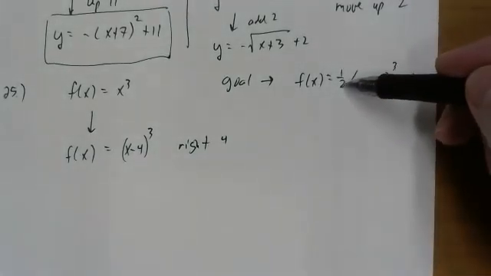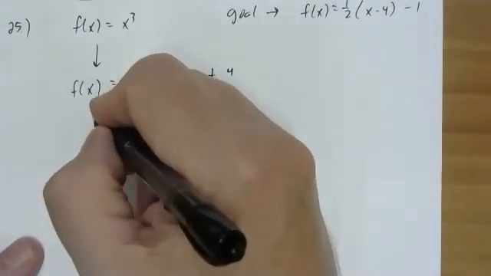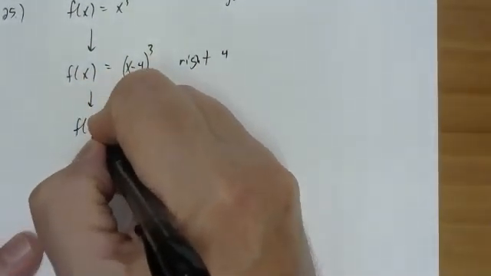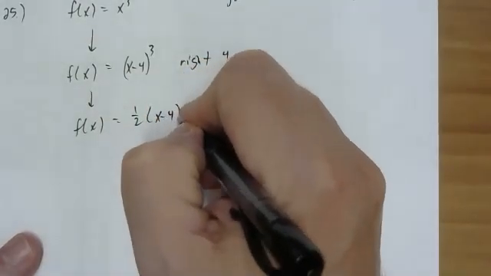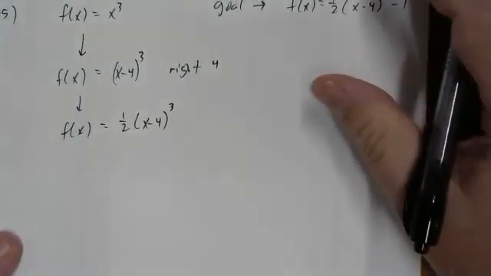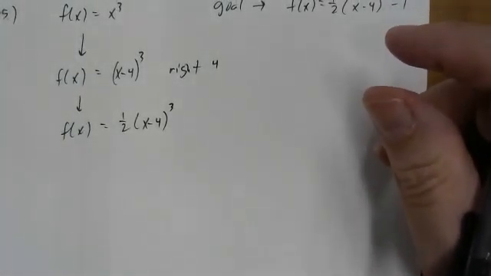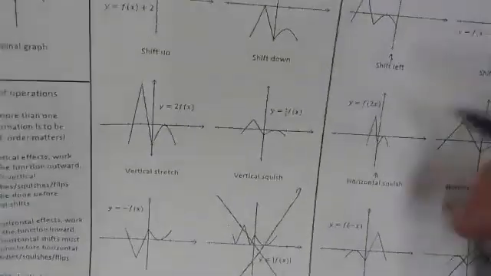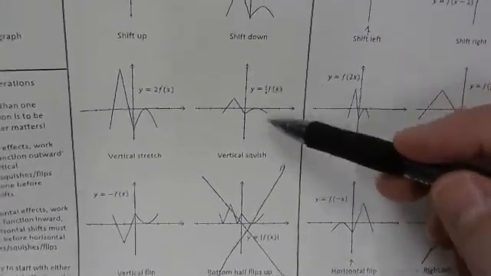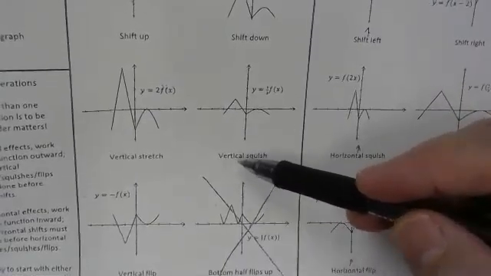Then I'm going to multiply in front by 1/2. What's the effect of that, outside the function, multiplying by a fraction like a half? A vertical squish.